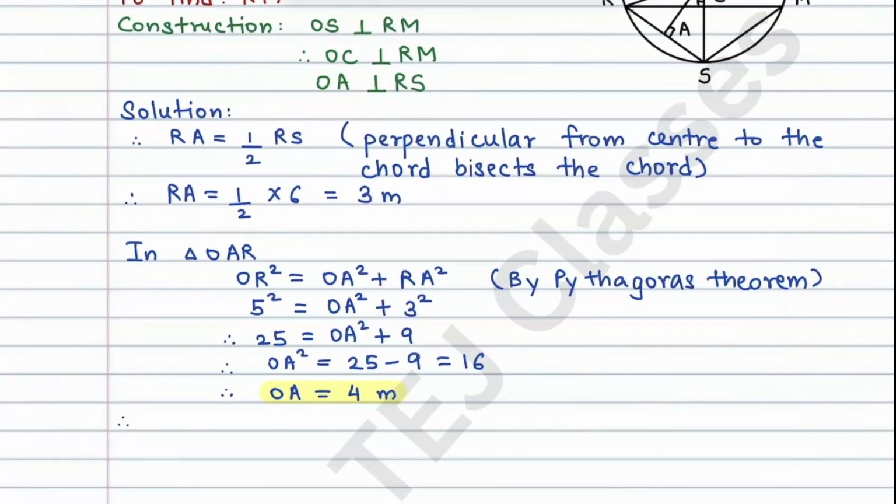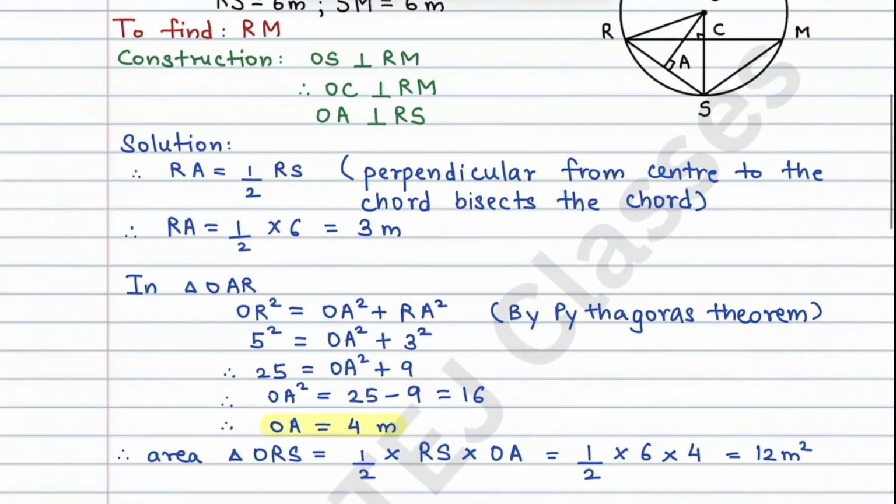Therefore, area triangle ORS is equal to half into base RS into height OA. So this will be equal to half into 6 multiplied by 4, so 6 4s are 24 upon 2, 12 meter square. So area of triangle ORS is 12 meter square.